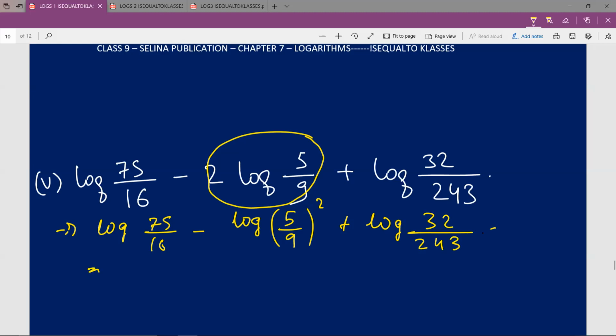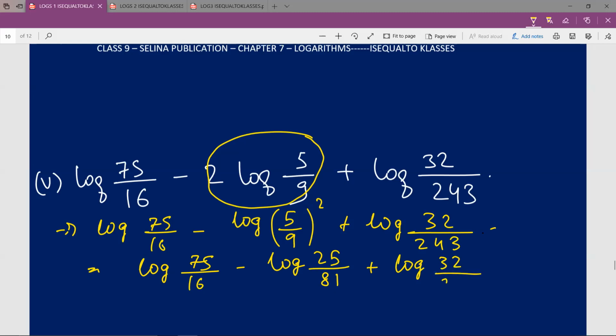So I could simply write this as log of 75 upon 16 minus log of 25 by 81 plus log of 32 by 243.